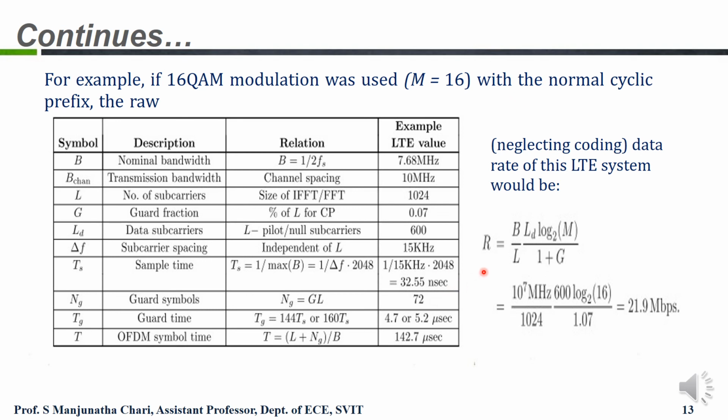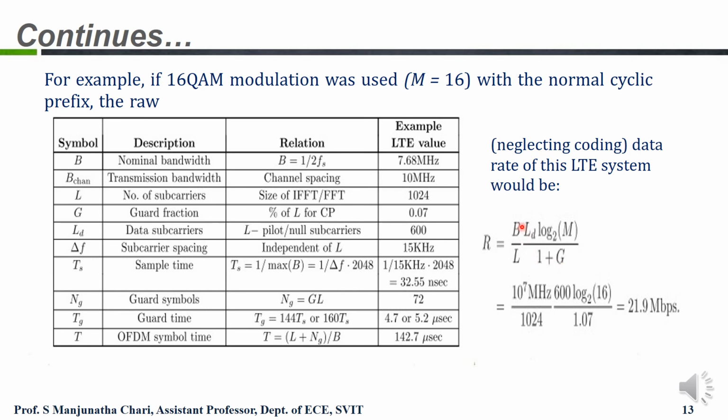The formula is R equals B by L times LD times log base 2 of M divided by 1 plus G. Here B is the transmission bandwidth, L indicates the number of subcarriers, LD indicates the data subcarriers, M is the type of modulation we are using, that is 16, and G here is the normal cyclic prefix.